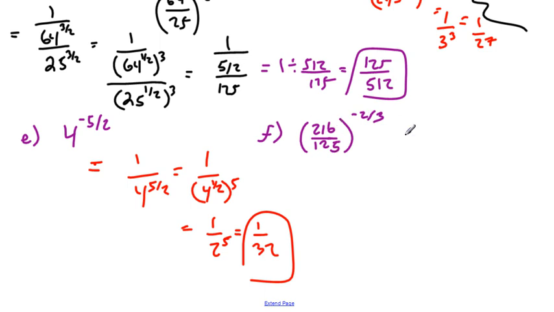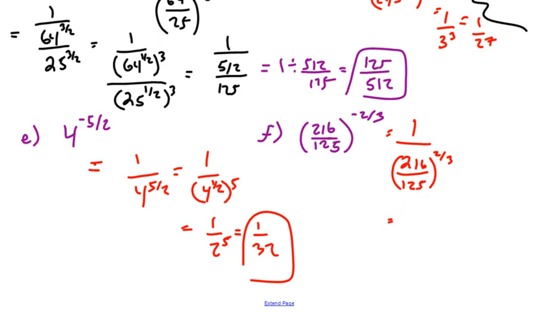All right, and another fraction one. Fraction and a fraction. So this means 1 over 216 over 125, and that's all being raised to the power of positive 2/3. Just like we did over here, we have to rewrite 216 and rewrite 125.